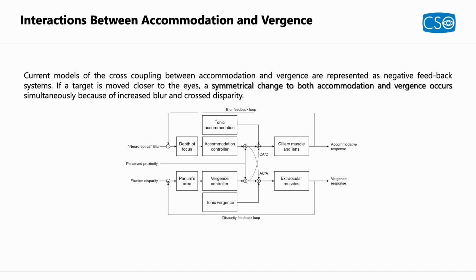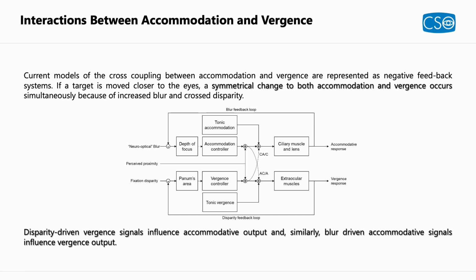Current models of the cross-coupling between accommodation and vergence are represented as negative feedback systems. If a target is moved closer to the eye, a symmetrical change to both accommodation and vergence occurs simultaneously because of increased blur and close disparity. Disparity-driven vergence signals influence accommodative output, and similarly, blur-driven accommodative signals influence vergence output.